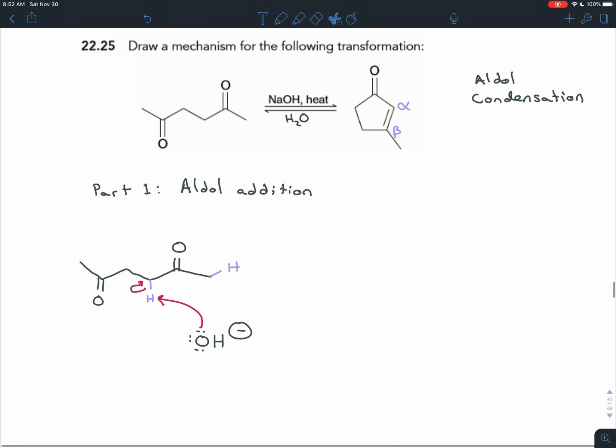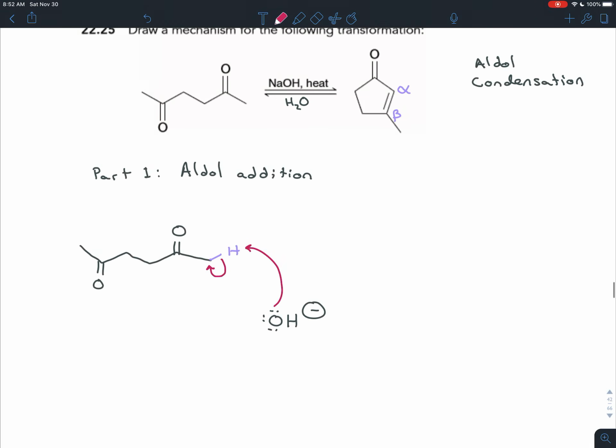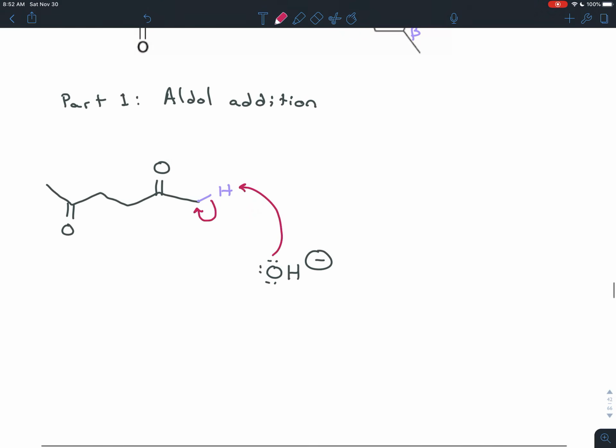They want us to show how this transformation could happen. So instead of having the base attack that alpha hydrogen, we're going to have it attack the other alpha hydrogen. So it can steal that hydrogen, the electrons that were holding it on would snap back onto that alpha carbon there, and this is a proton transfer.